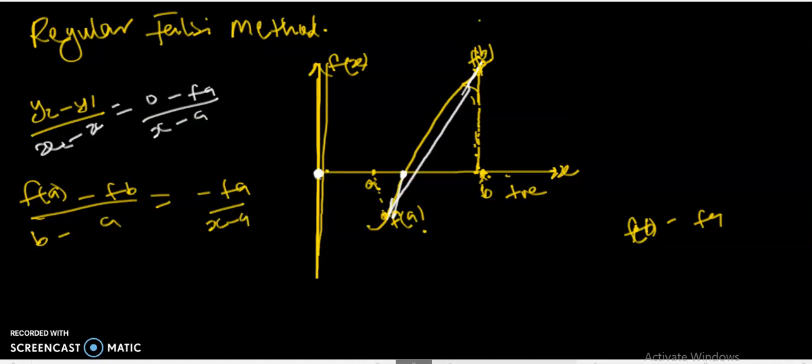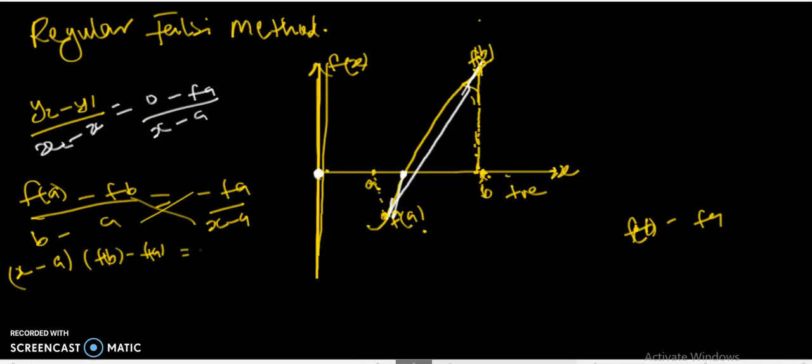Here we simply do cross multiply and do little algebra in manipulating this. If we cross multiply this way, we simply have x minus a into f of b minus f of a.